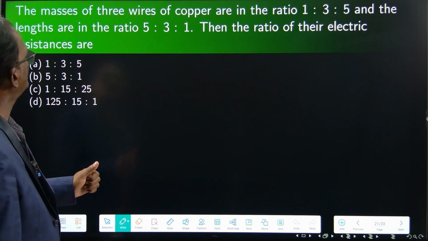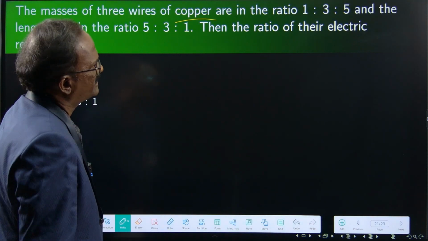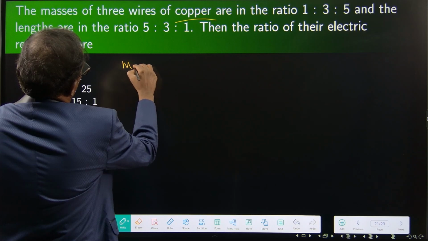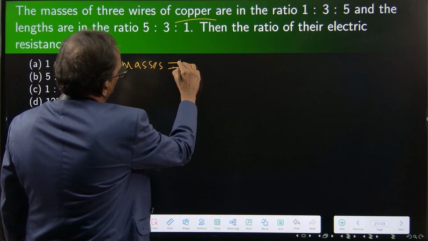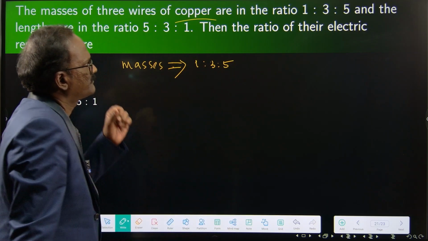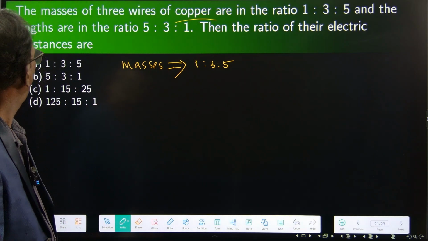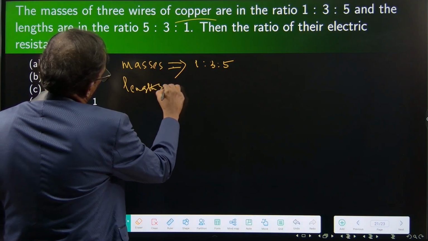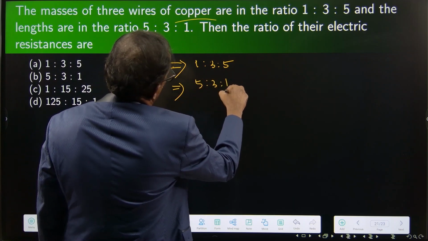The masses of the 3 wires of copper are in the ratio 1:3:5. Material and shape are the same, and the lengths are in the ratio 5:3:1.